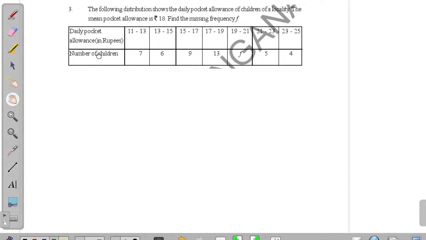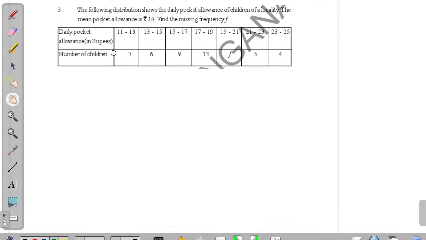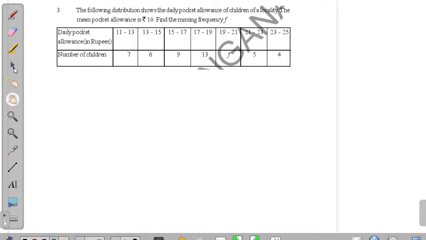Here the mean is also given. We don't want to find the value of mean, but we want to find the frequency of a class.